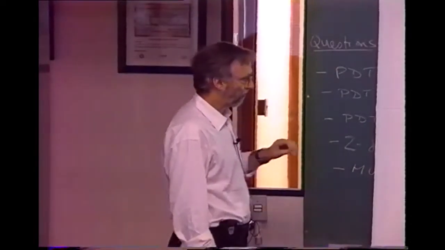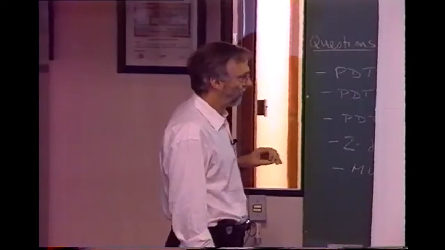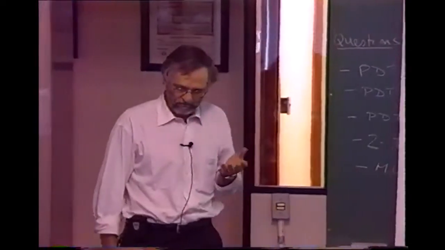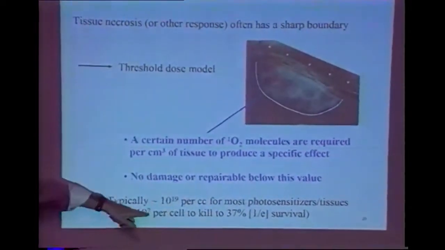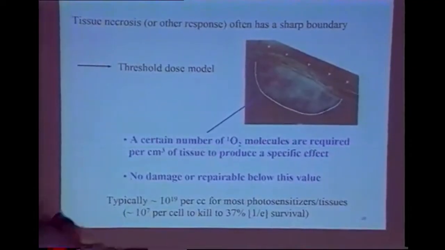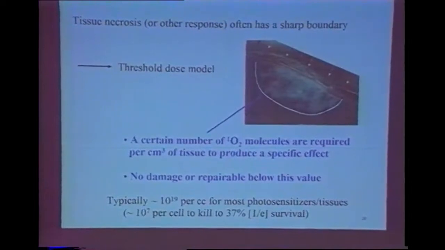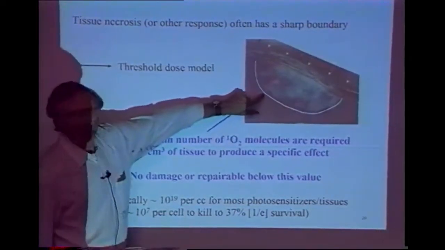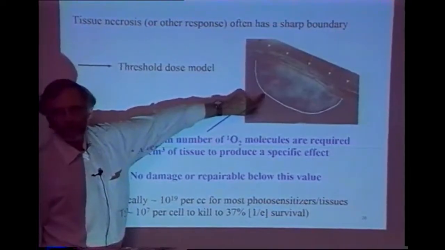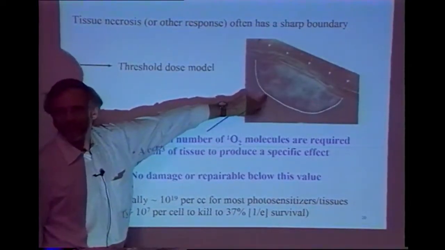We've done some experiments in which we are able to measure the amount of singlet oxygen required to kill cells, and to take the cell survival down to the 1 upon E, or 37%, takes about 10 to the 7. These are ballpark figures. About 10 to the 7 molecules of singlet oxygen to cause 37% killing. So you then ask the question, what fraction of cells in the tissue must be killed in order to produce necrosis?